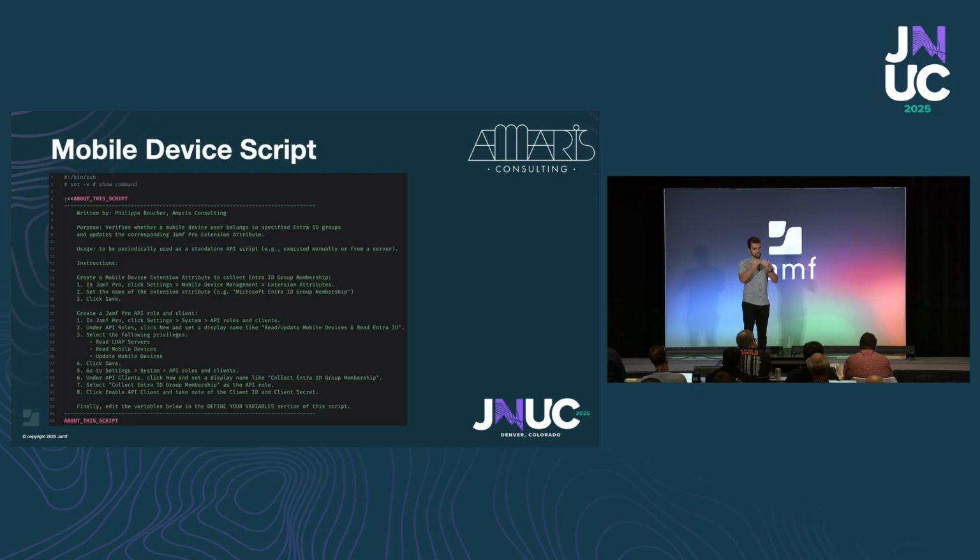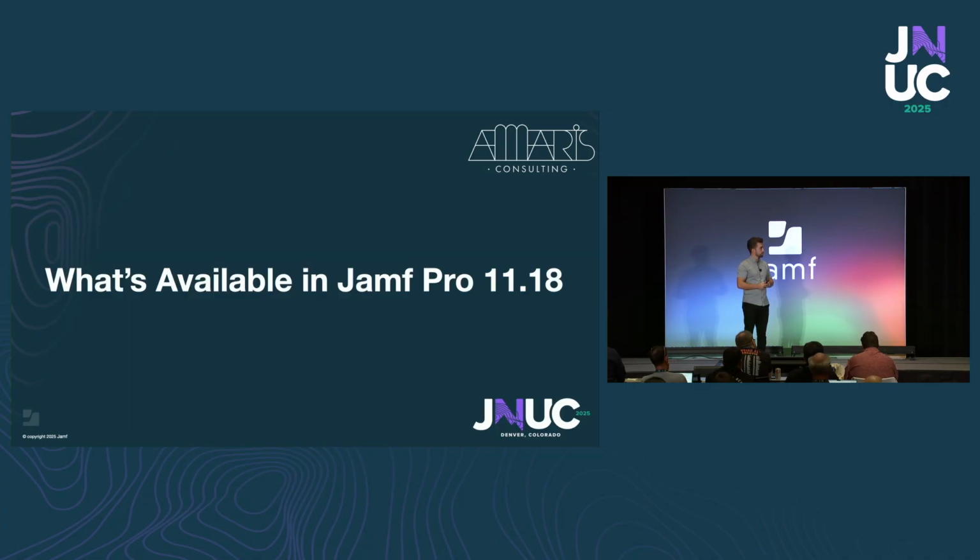It's going to verify whether this email is part of those predefined Entra ID groups that you define. And then it's going to send an API call and update each of the mobile devices. So it can be run on your Mac, and it works very well for mobile devices as well. That's pretty much it for the custom workflow using the API.